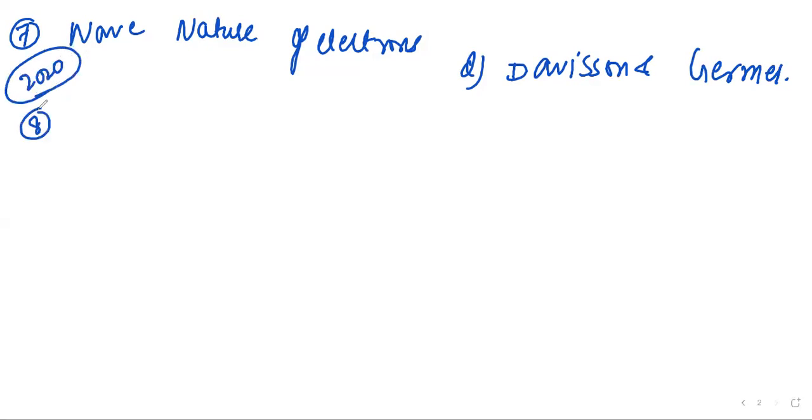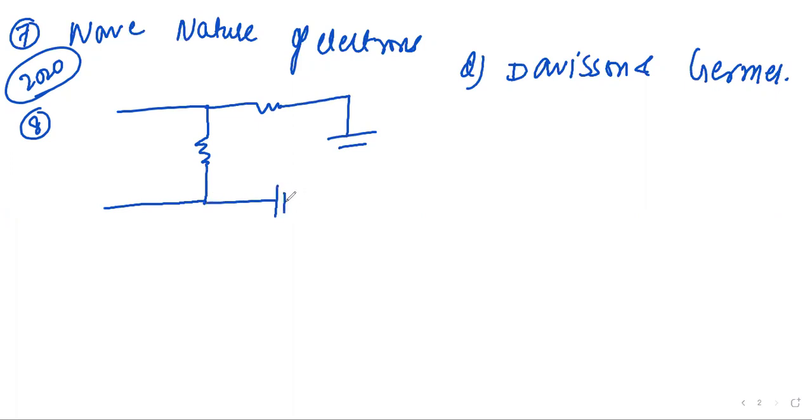Now let's see question number 8. For the circuit given below, Kirchhoff's loop rule for the loop BCDEB is given by the equation. So this is the equation given to it. So it is your E1.